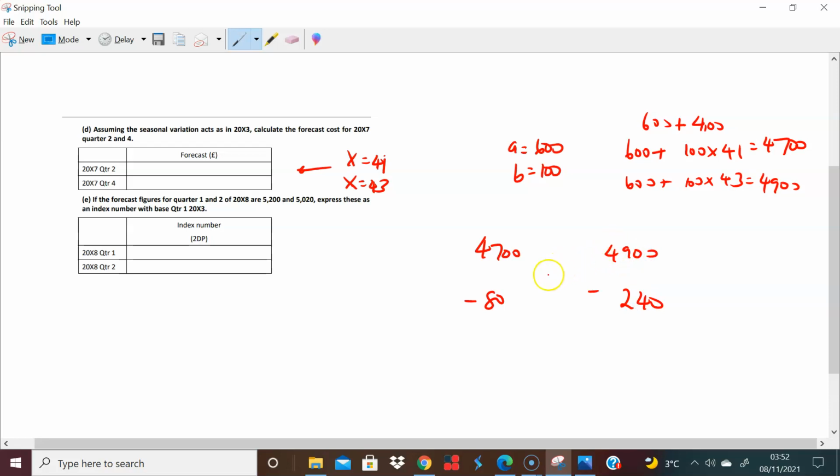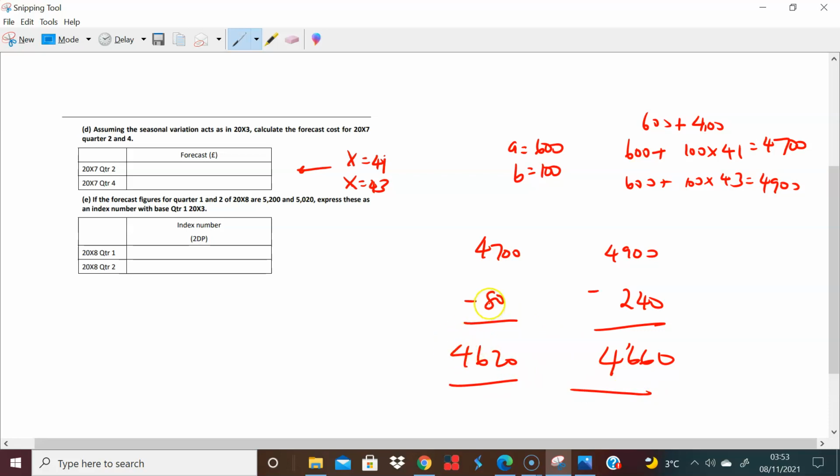This is saying that the actual event is 80 below the trend. It's 80 below the trend, and this is 240 below the trend. So 4,900 minus 240 takes us down to 4,660, and here we have 4,700 minus 80, taking us down to 4,620.